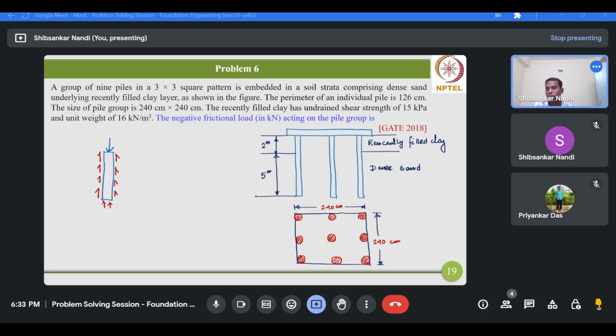So, skin friction resistance and the point bearing resistance.